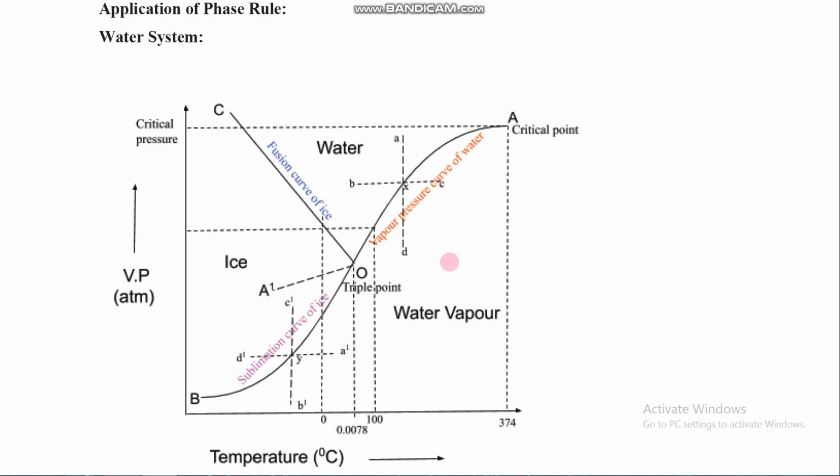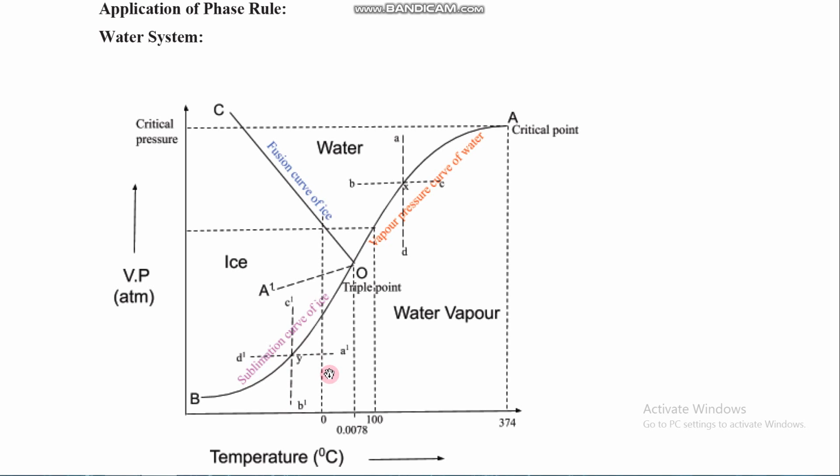Similarly, the OB curve indicates the equilibrium between solid ice and water vapor. At the point Y, if temperature is increased at a constant pressure or pressure is decreased at a constant temperature, so these two lines, YA dash and YB dash, what happened?